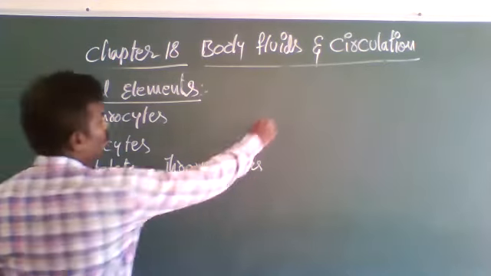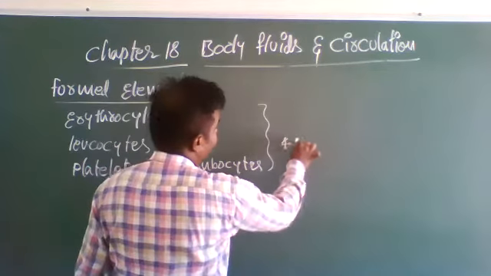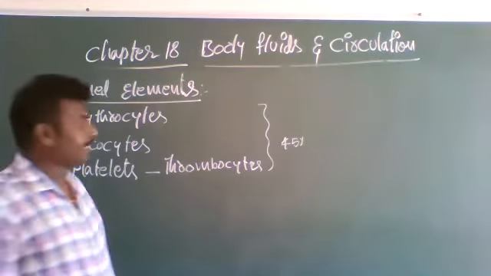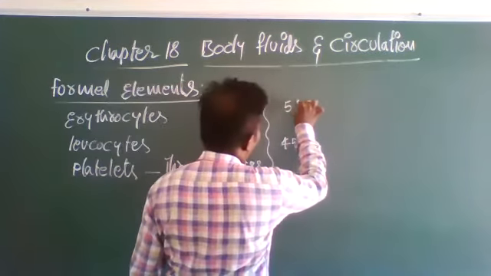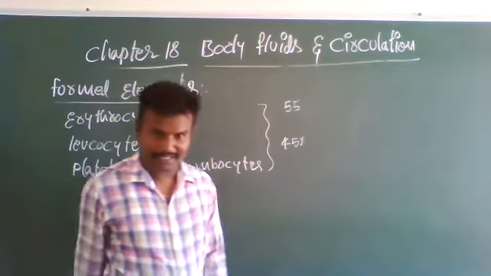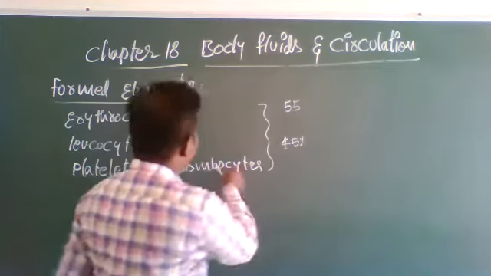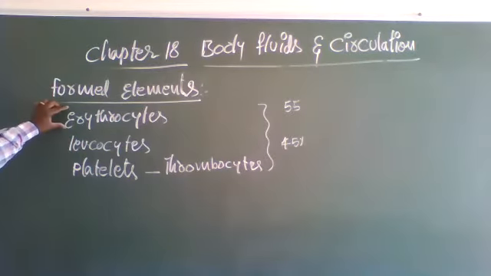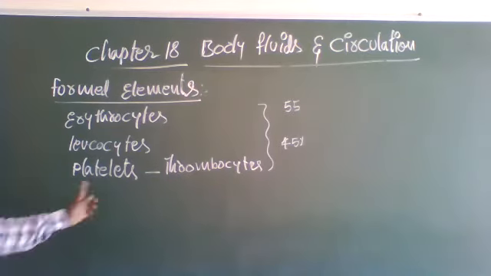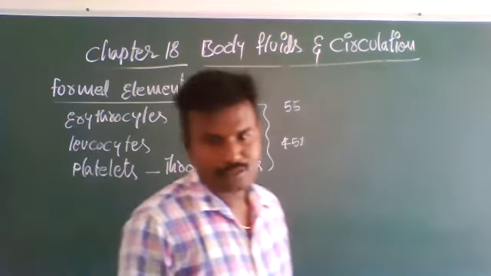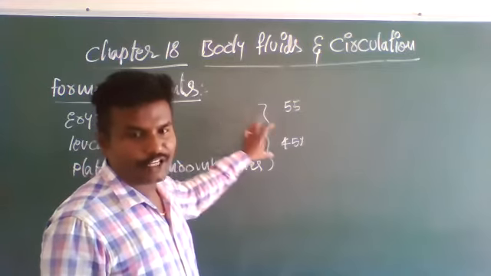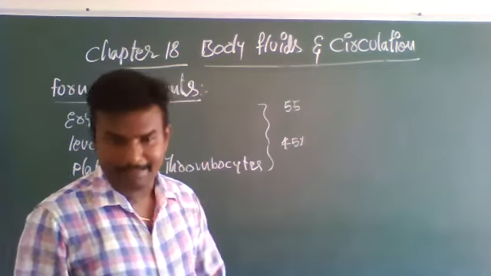These are all collectively 45% of the blood. So 50 to 55% is plasma, and these are 45%, total 100%. So erythrocytes, leukocytes, platelets also called thrombocytes, 45% are present in the blood.